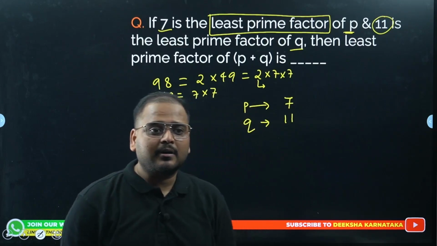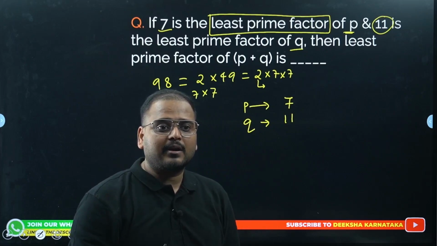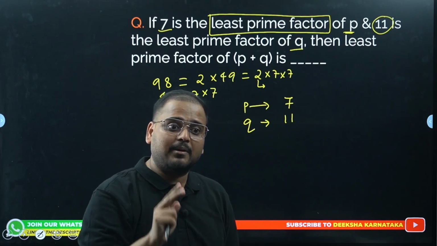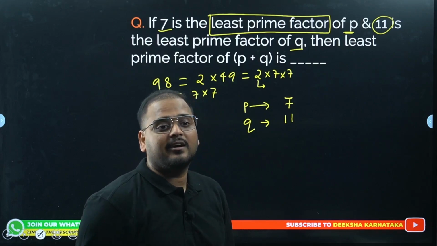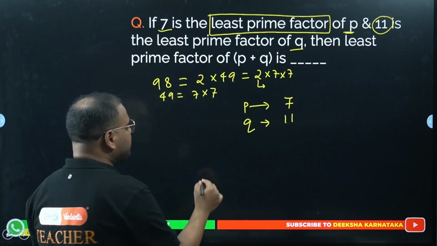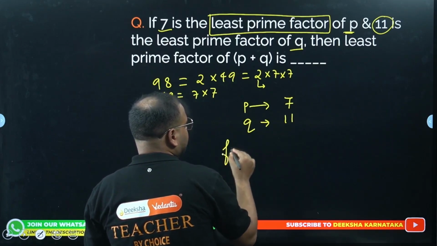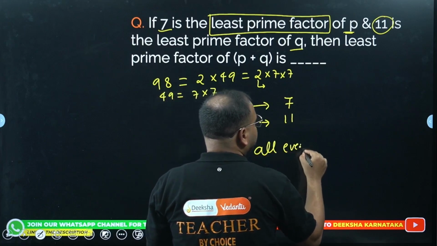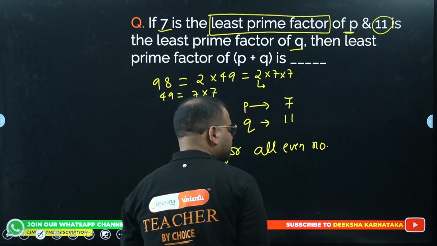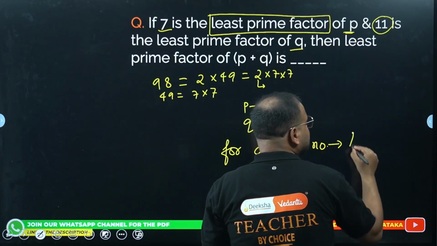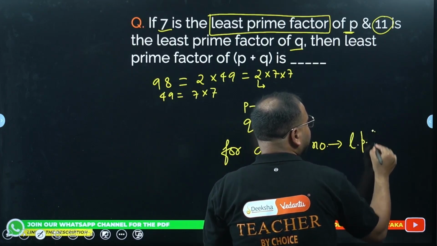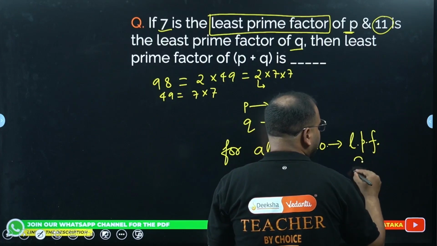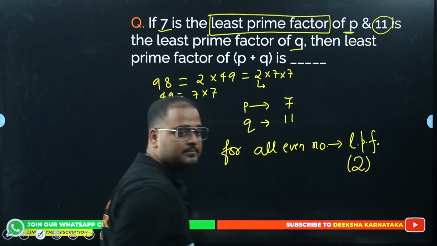Yes, 2 is a prime number. It is a factor and it is also a prime number, and it is the smallest prime number anyway. So for all even numbers, least prime factor would be 2 only.